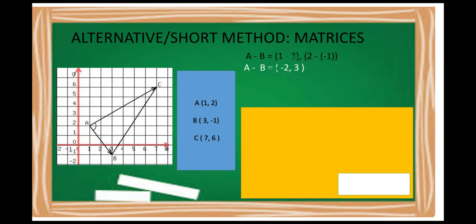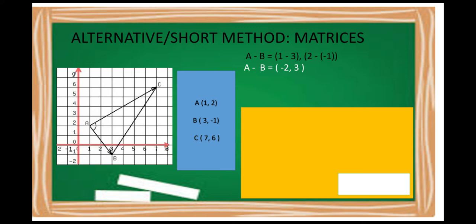So the first step is you need to choose 2 points or 2 vertices. As we can see here, I chose points A and B, and you need to get the vector of those coordinates or components.